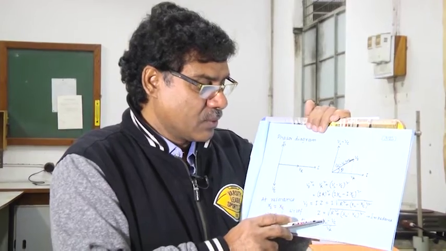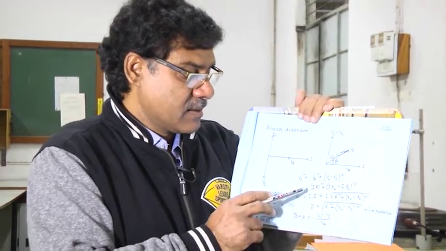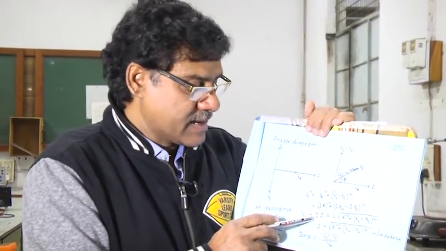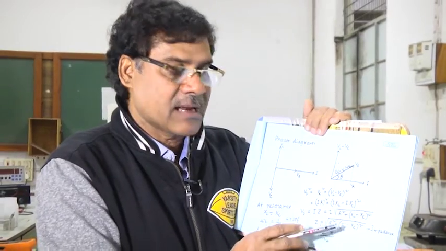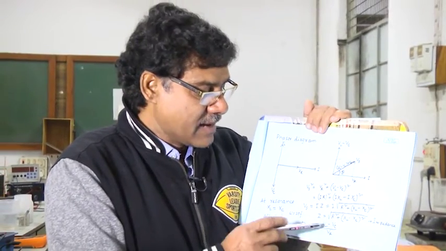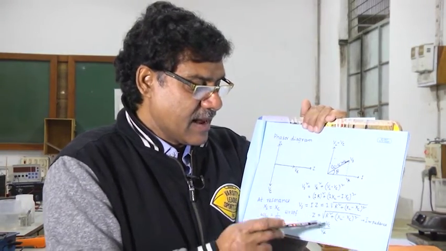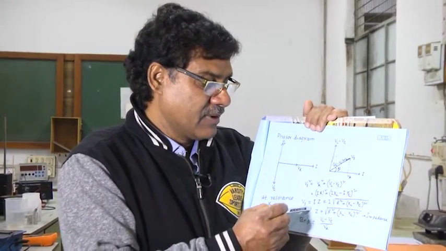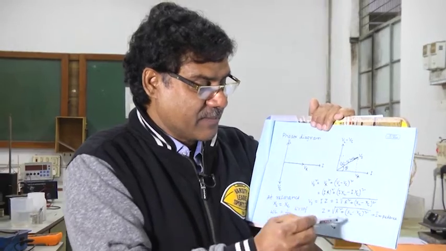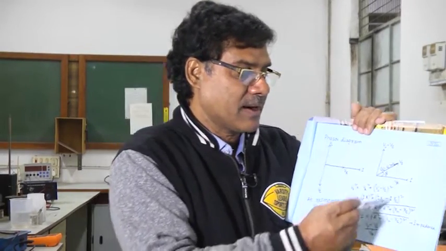For that I have to measure current as a function of frequency. Then I will plot current versus frequency, and you will get this type of curve. At a particular frequency you will get maximum current.